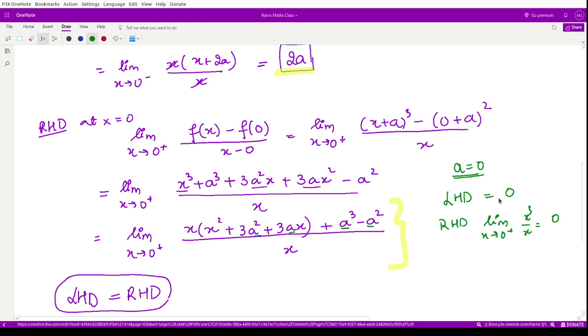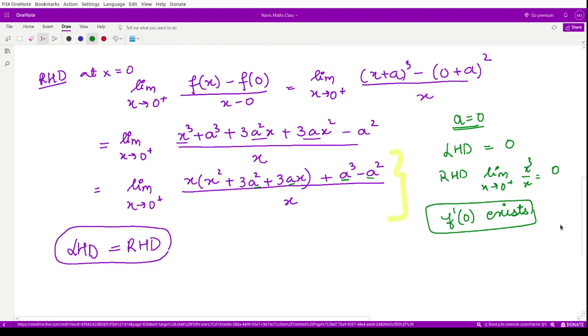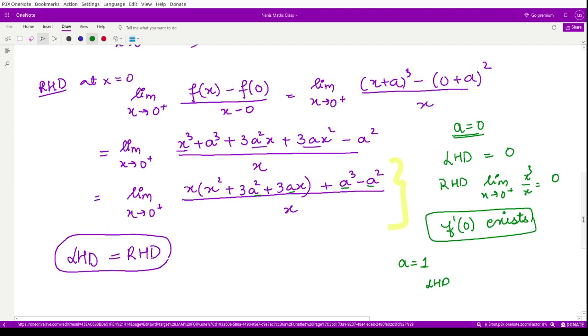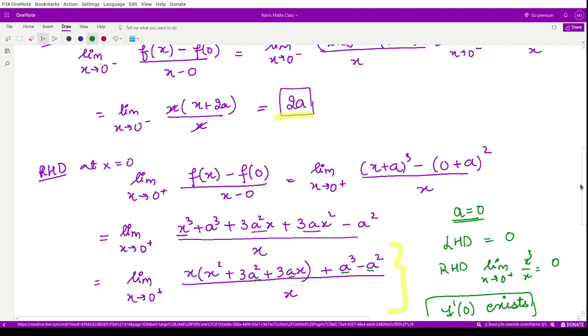So here you see at a equal to 0, f dash of 0 exists. This is one point that you got from here. Another thing you can see from here is that whenever a is equal to 1, what is your left hand derivative? Your left hand derivative would be 2 into 1, that is 2.